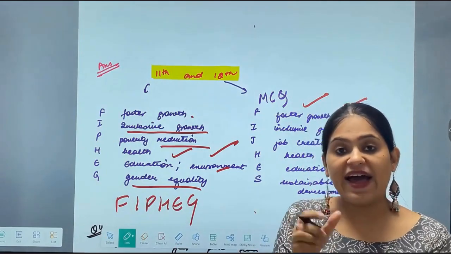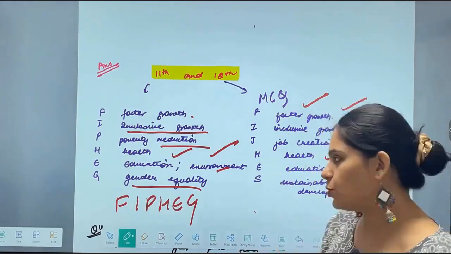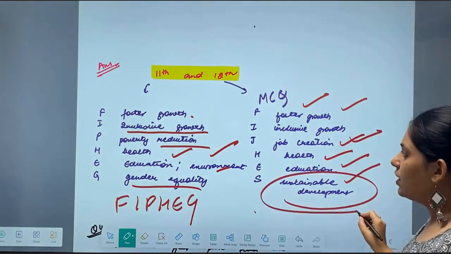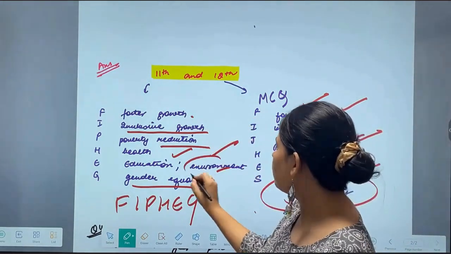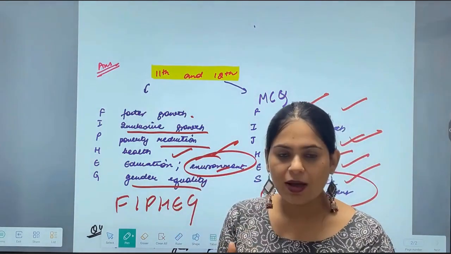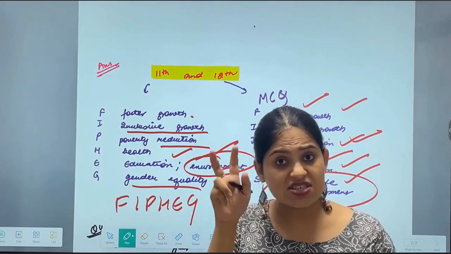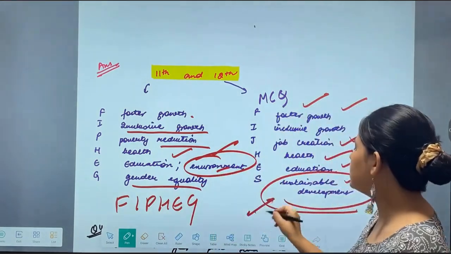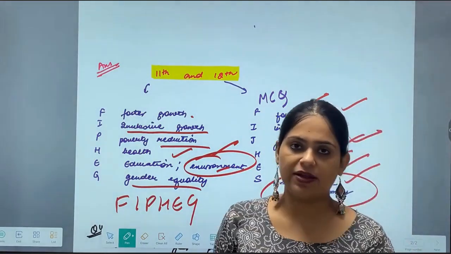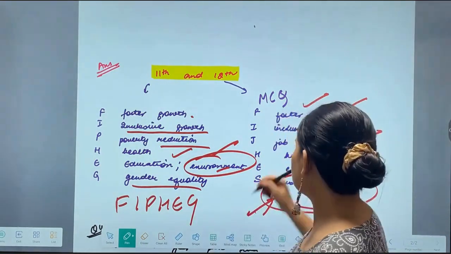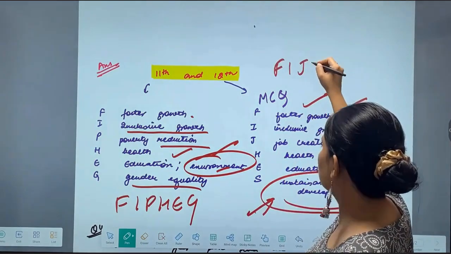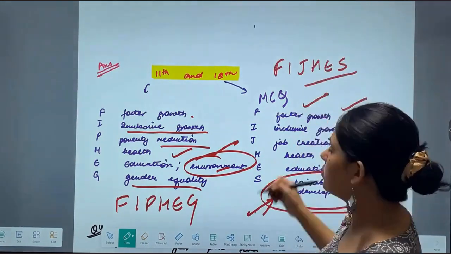Sustainable development as a word, ये सिर्फ 12th 5-year plan में यूज हुआ है. In the 11th, they said we want to focus on environment, but the more particular word, sustainable development, usually is seen as part of the 12th 5-year plan, right? So again you can just try to make some word to remember this, right beta?